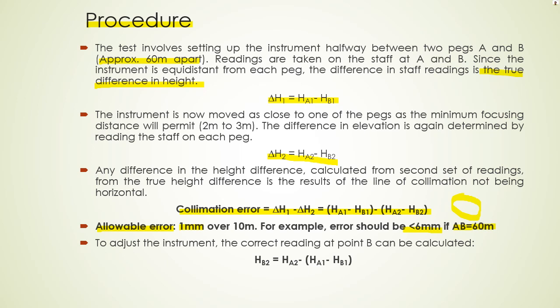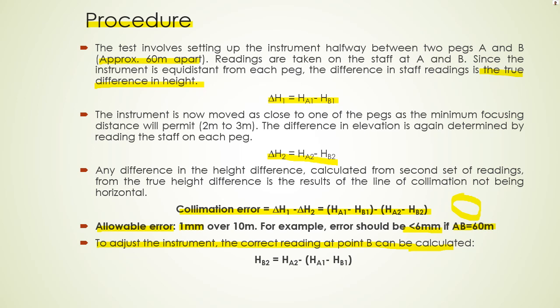And then if the error exists more than the allowable error over here, we need to adjust the instrument. Otherwise, the error will occur in every reading later on, and then you will have the very high error in the leveling, and it's not acceptable.